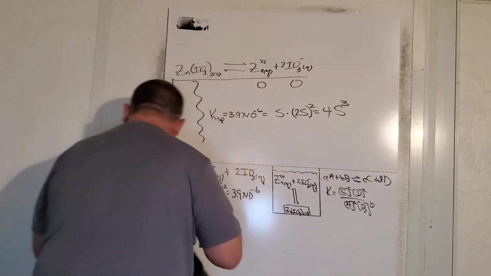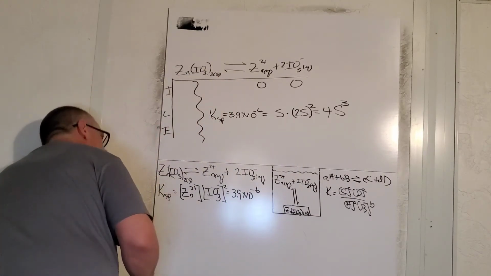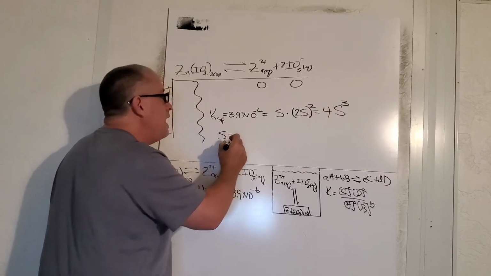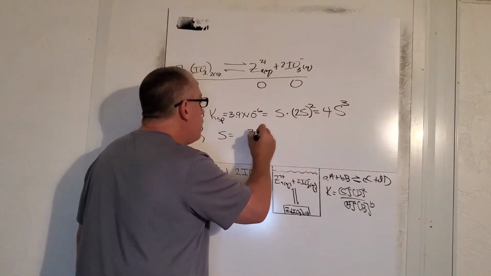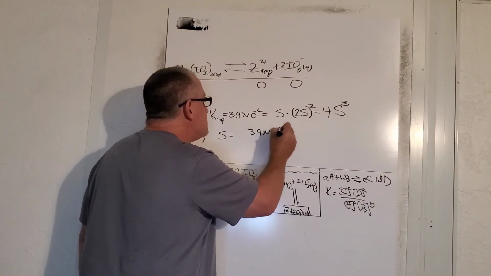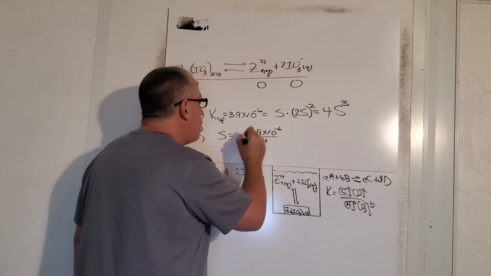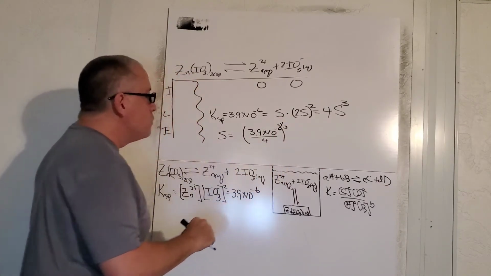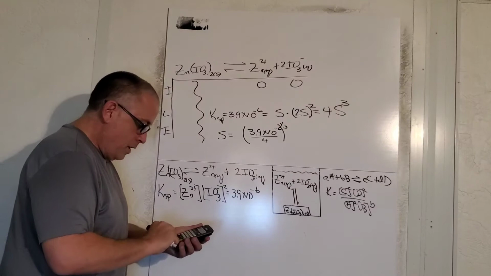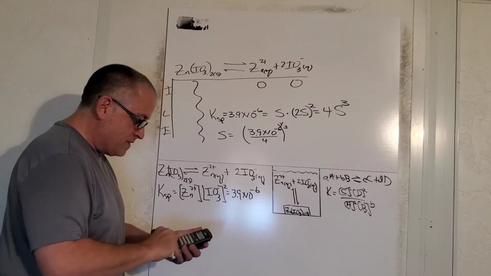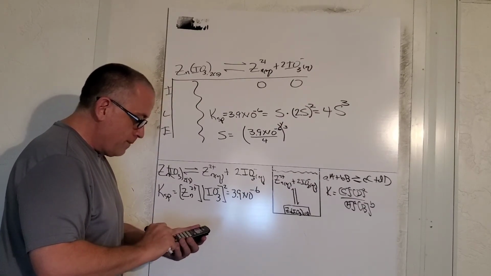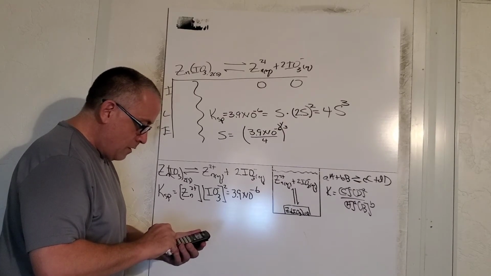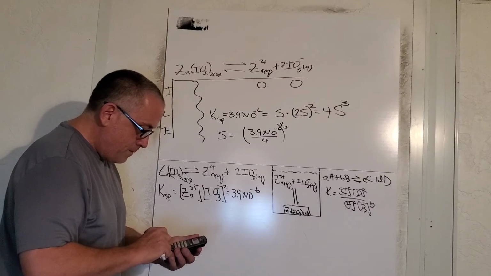So now we're going to solve for S. S will be equal to 3.9 times 10 to the minus 6 over 4, and I want the cube root, or to the 1/3 power. 3.9 times 10 to the -6 divided by 4. And then, let's see if I can do it in my calculator right.